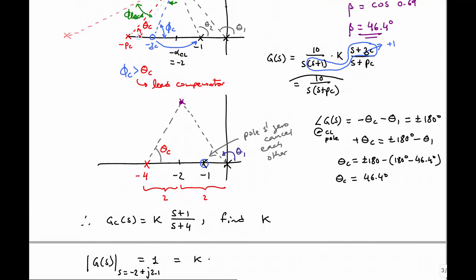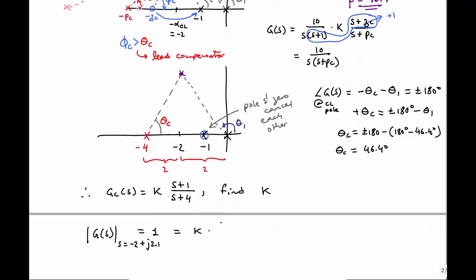Remember we have the simplified transfer function because of the pole-zero cancellation. So we have K times 10 over the magnitude of -2 plus j 2.1, times the magnitude of -2 plus j 2.1 plus our pole location of 4.